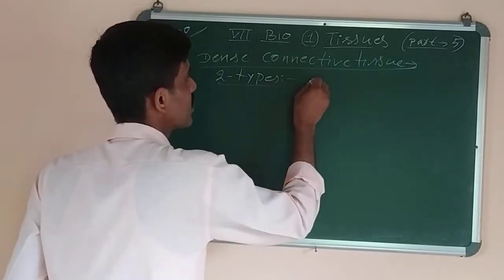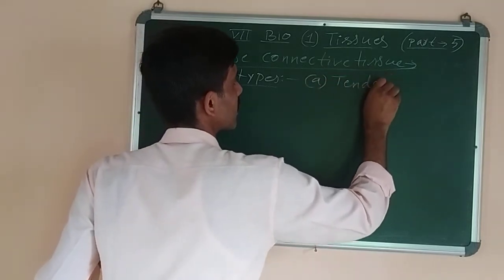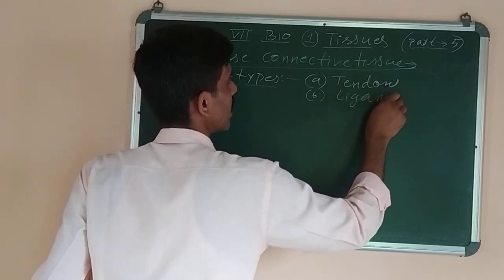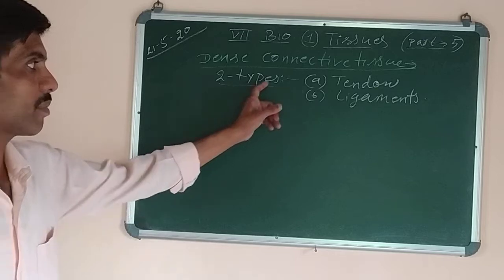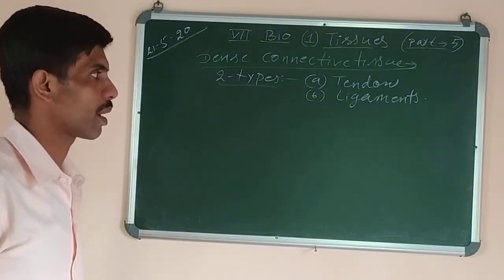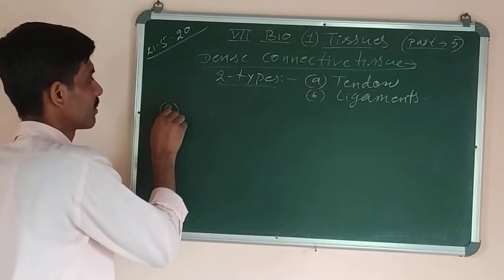So what are the two types? Number A, tendons, and number B, ligaments. So how many types of dense connective tissues are there? Two types, tendons and ligaments. So what is the function of tendons? First we will do the tendons.